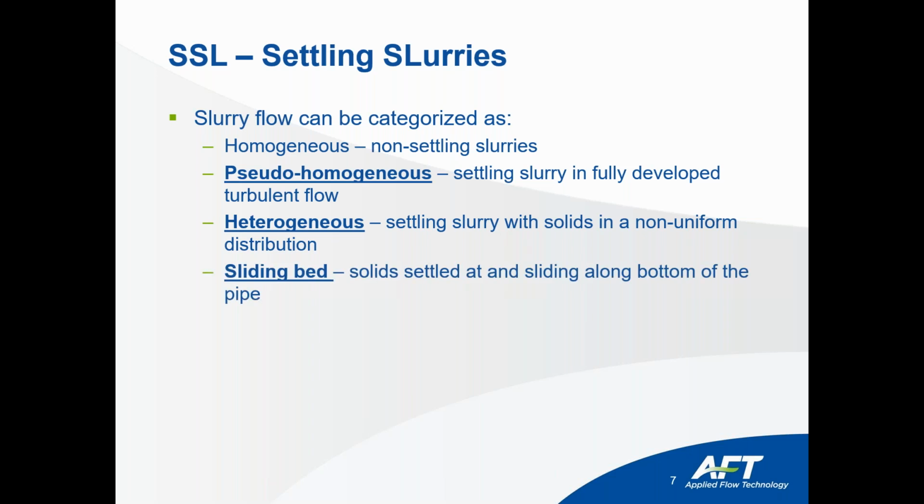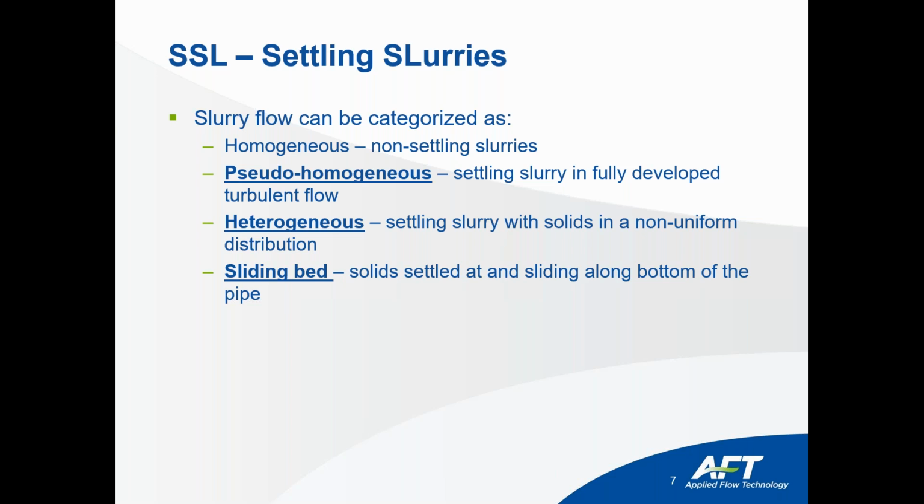The next case is a sliding bed. So that's where some of the particles have started to settle out into the bottom of the pipe, but there's still enough velocity of the fluid to keep the solids moving down the pipe. So the velocity picks up some solids, and then it carries them a certain ways, and then it drops them.